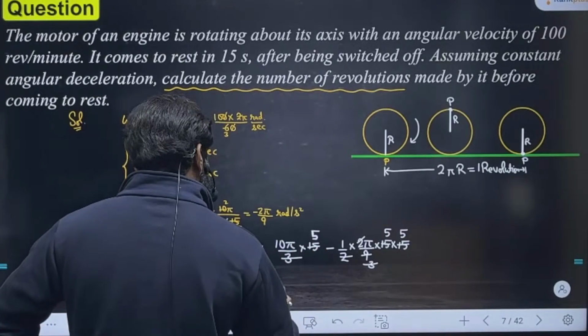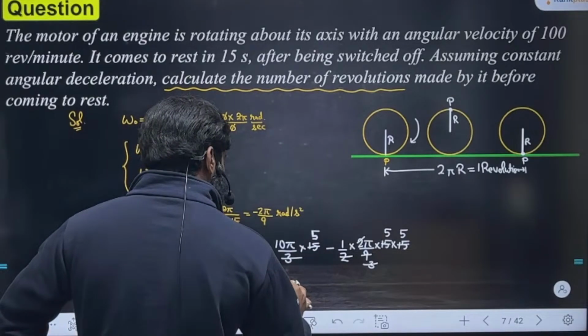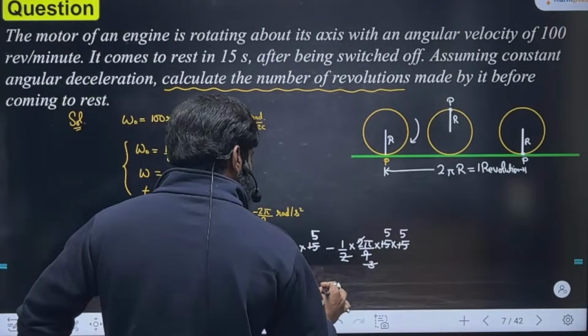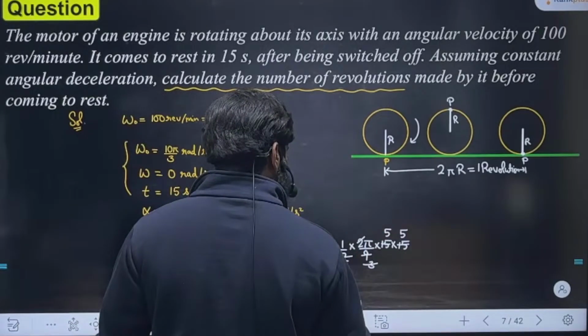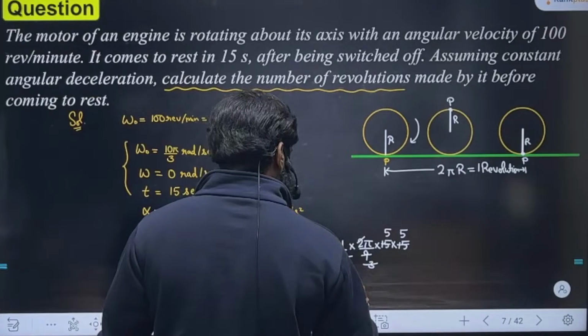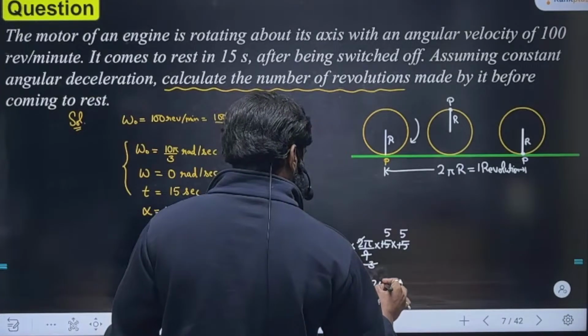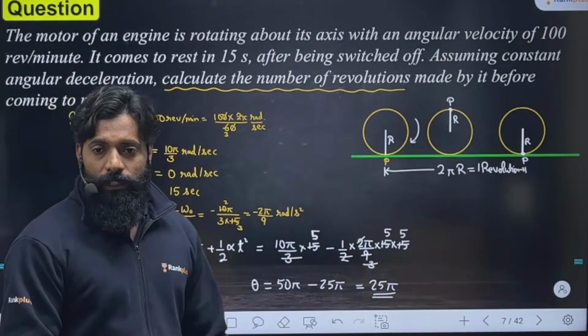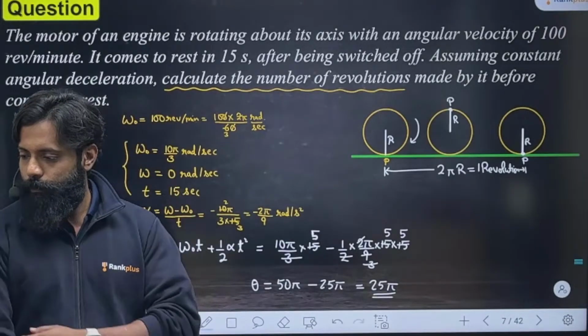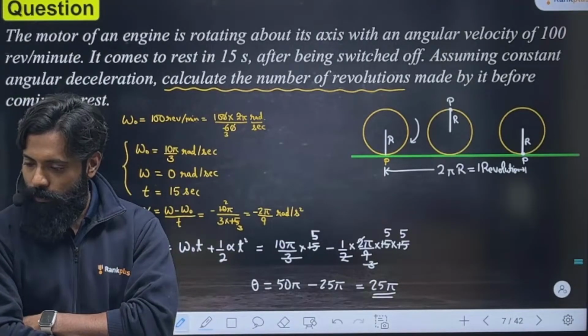So theta will be equal to 50 pi minus 25 pi. So you will get 25 pi. Are you getting this? Theta is equal to 25 pi. Are you all getting this?